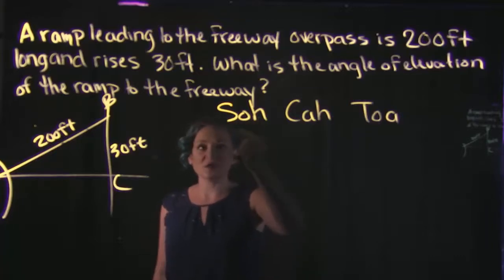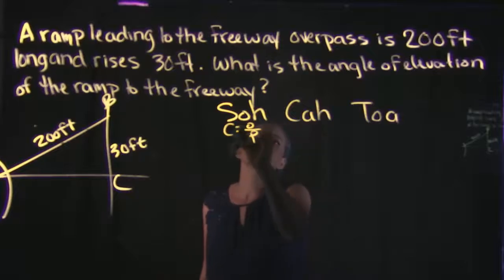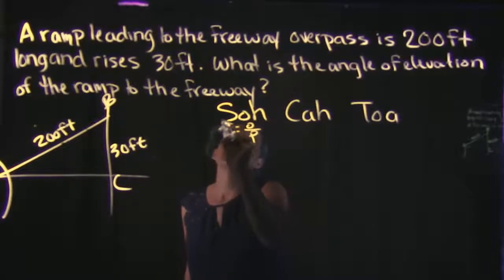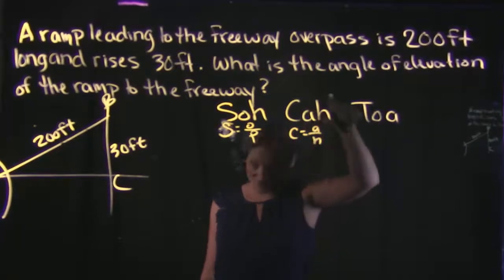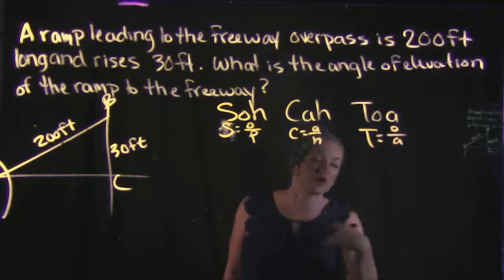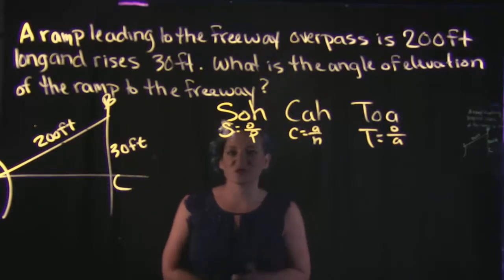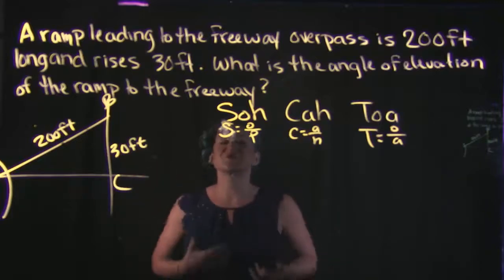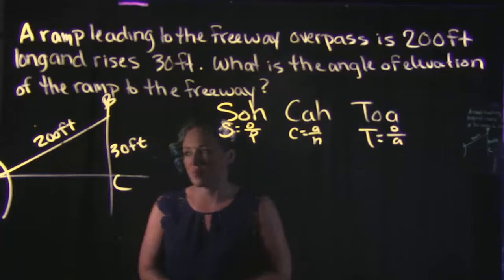So sine is opposite over hypotenuse. Cosine is equal to adjacent over hypotenuse, whereas tangent is equal to opposite over adjacent. They kind of just help us with which function we're going to use, depending on what information we know and are given in our problem.